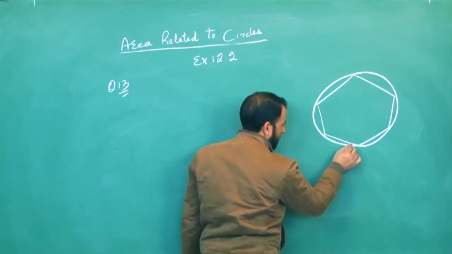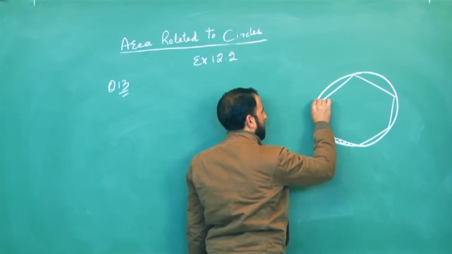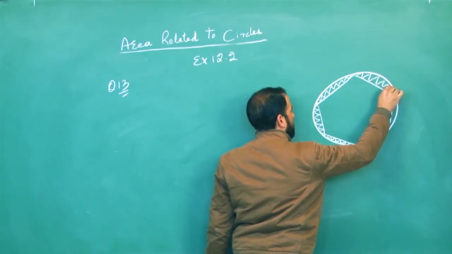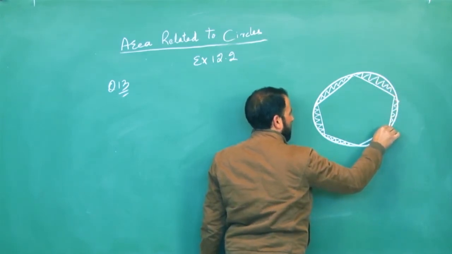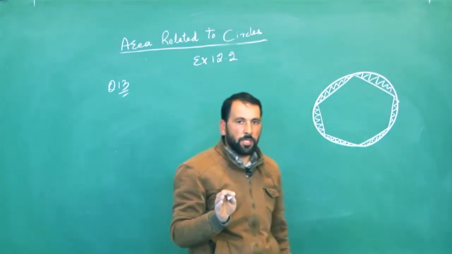So the design is here this way. These are the 6 equal designs. We have to find out the area of this design.